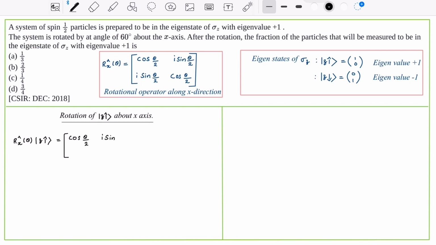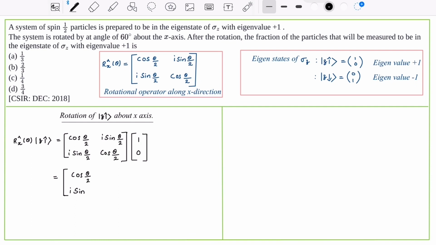We have the rotation operator, cos theta by 2, I sin theta by 2, I sin theta by 2, cos theta by 2, which is the rotation operator along the x direction, acting on the spin-up state of sigma z, that is (1, 0). That is, the state (1, 0) is rotated along the x direction.